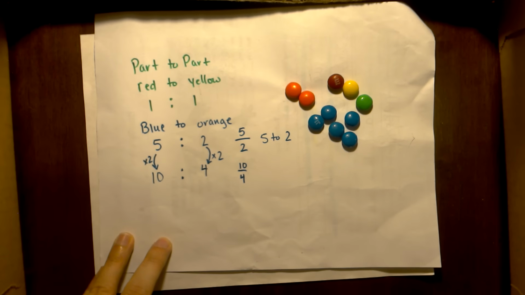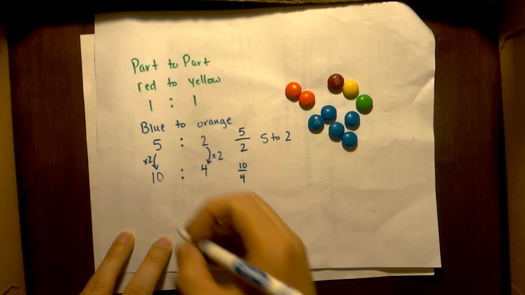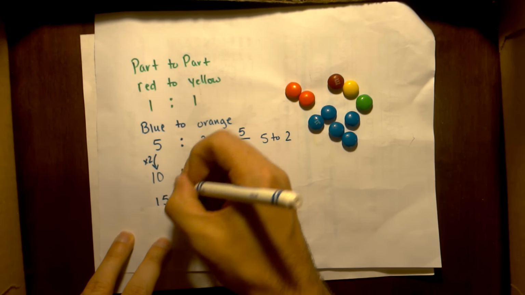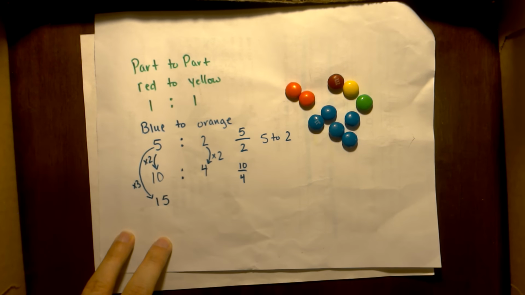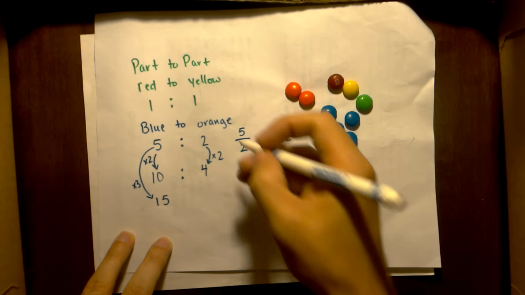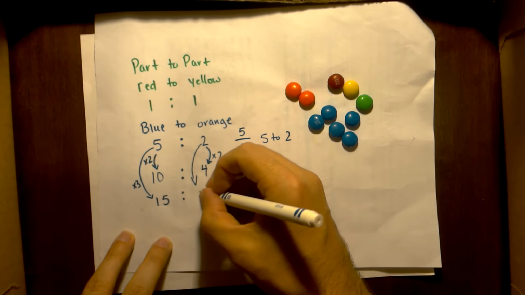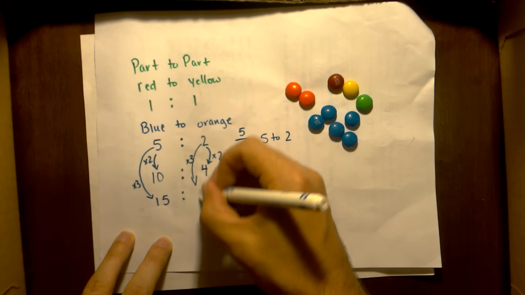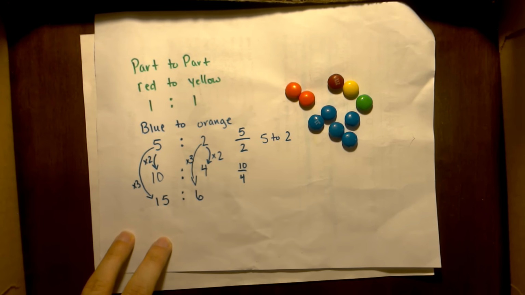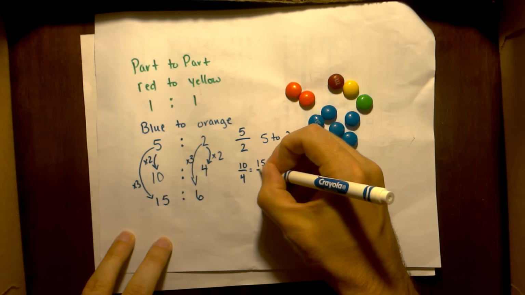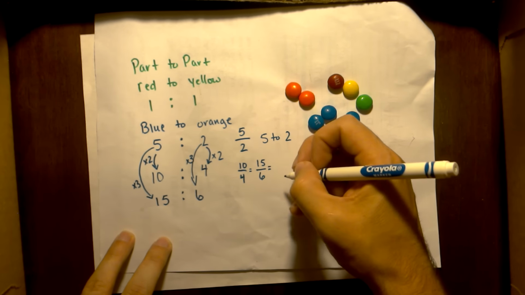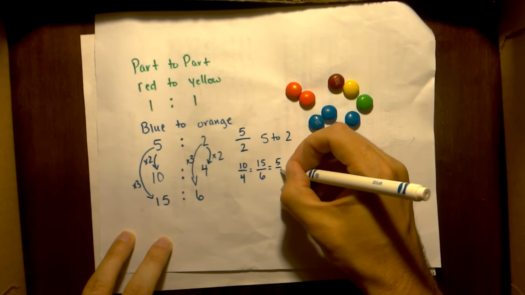If I found 15 blue ones, 5 times 3 is 15. How many orange ones would I find? If you answered 6, you would be correct. 15 to 6 is the equivalent ratio. 10 to 4 is equal to 15 to 6, which is equal to 5 to 2.